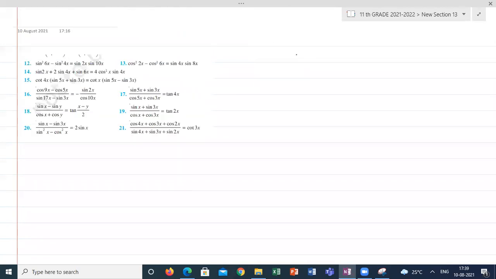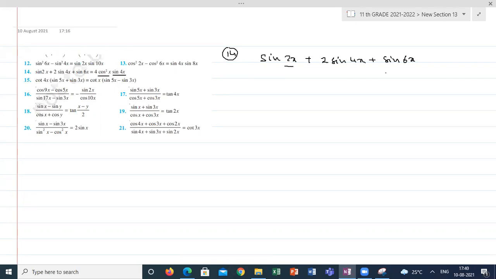See, the question is, when it comes to question number 14, choosing the identities, which combination I have to select, that is important. Sine 2x plus 2 sine 4x plus sine 6x, but on the right side I am having sine 4x cos x.